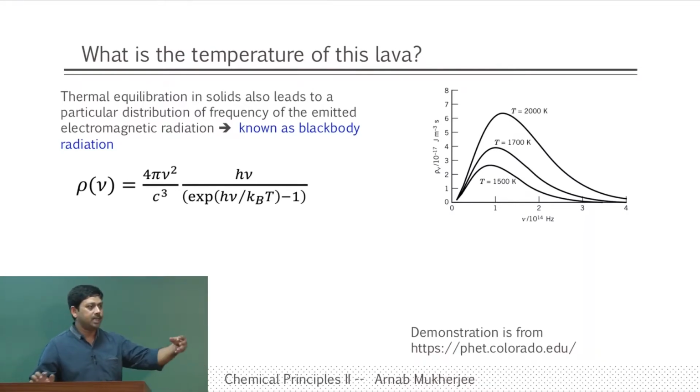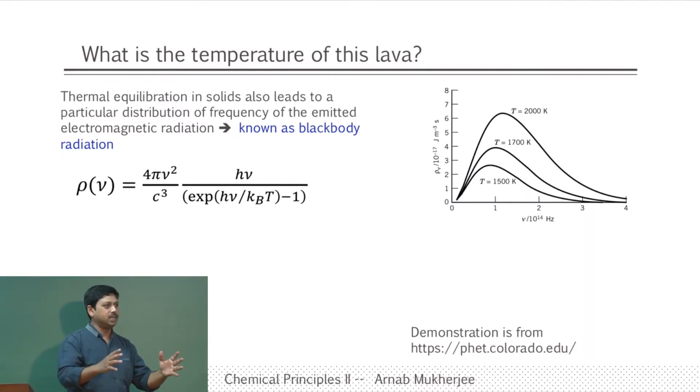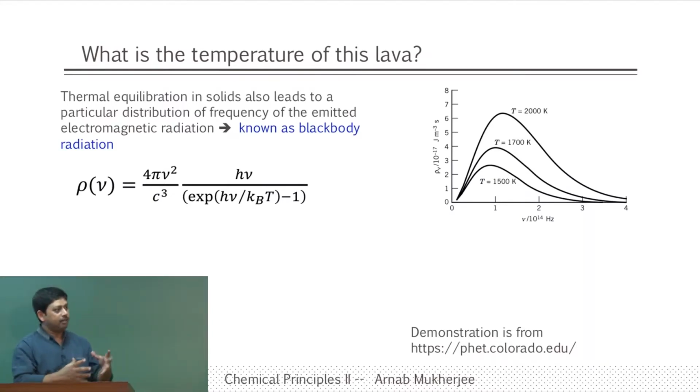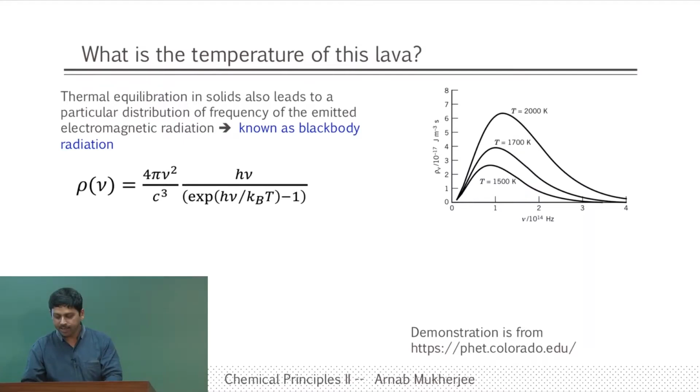With gas particles at the same temperature having different velocities, similarly a solid object having the same macroscopic temperature gives rise to different frequencies of electromagnetic radiation. Overall, the peak of the distribution will shift to higher values as the temperature increases.